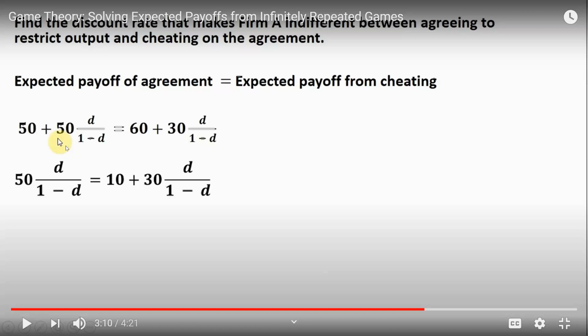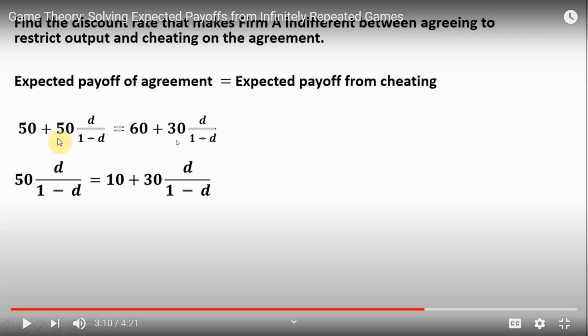But if cheating were different, here the cheating, they get 60 the first time, and then 30 for the rest, so when the agreement is broken, it's not 0, it's 30. If you had to calculate cheating for an infinite game and the Nash equilibrium was not 0, you would do this.